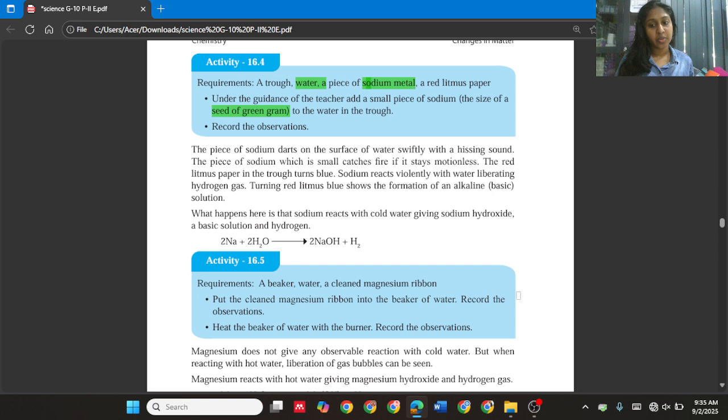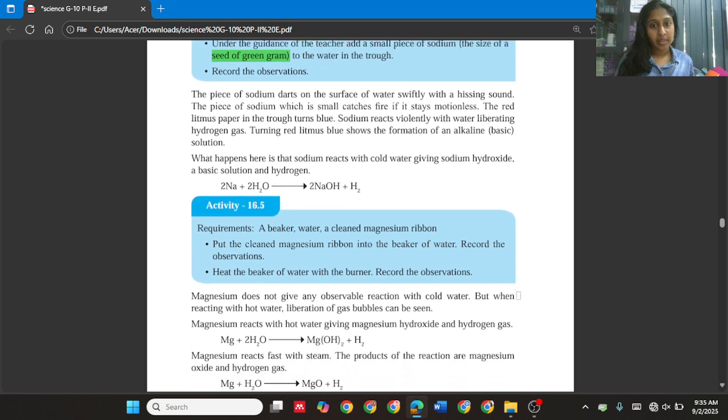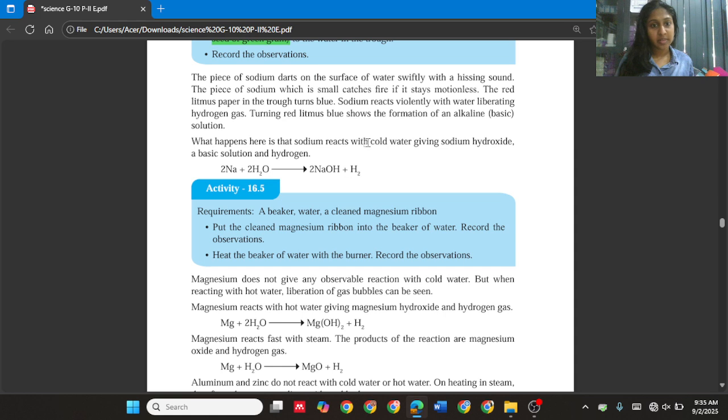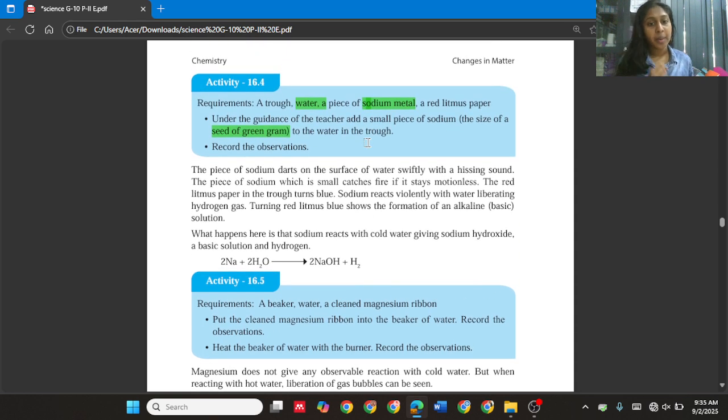I'll show you the videos later. Before that, let's finish this part. What happens here is that sodium reacts with cold water, giving sodium hydroxide, a basic solution, and hydrogen.